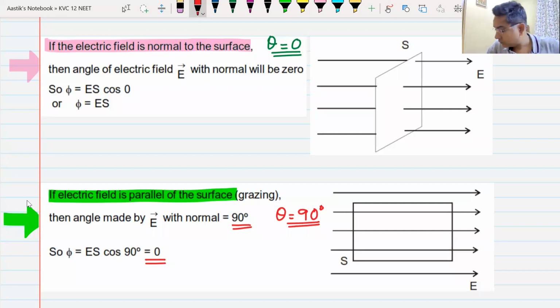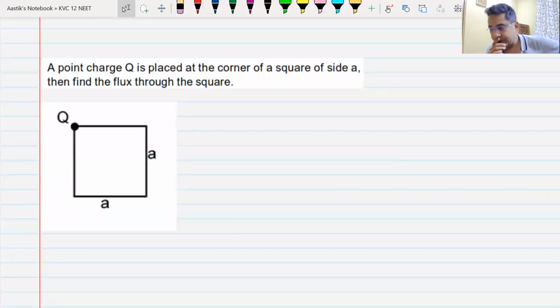Done, sir. Okay. Then this question: a point charge Q is placed at the corner of a square of side length A. To find the flux through the square. What would be the flux through the square?